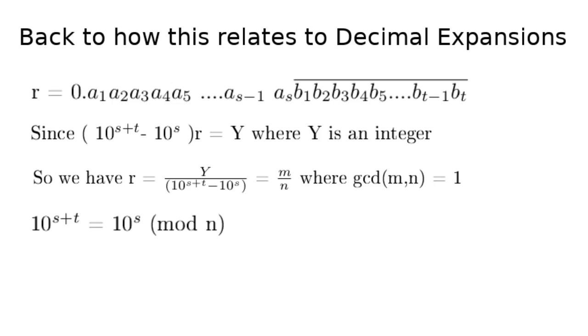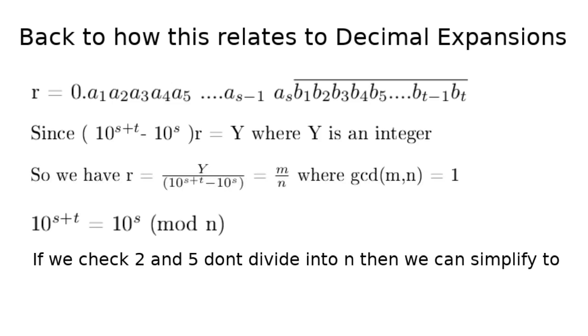So that means that n would have to divide 10 to the s plus t power minus 10 to the s power, and that's exactly what that identity says. n may equal it if 10 to the s plus t minus 10 to the s is reduced, with no common factors between that and y. But we don't know that yet, so we're just saying that.